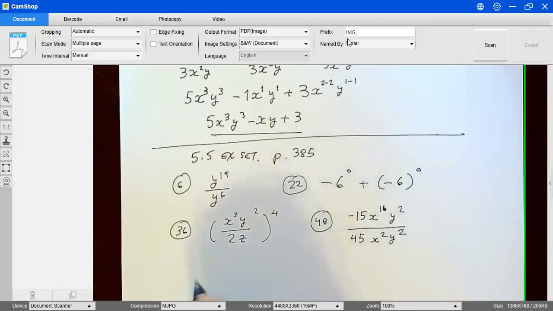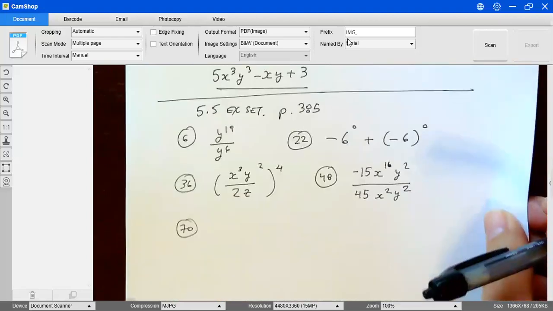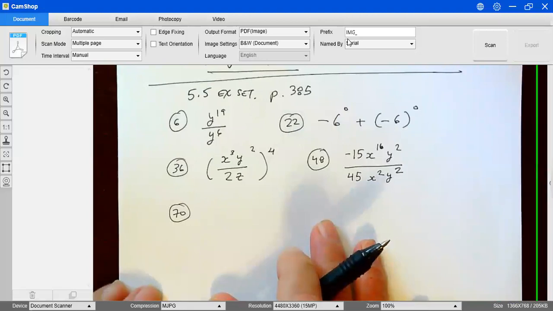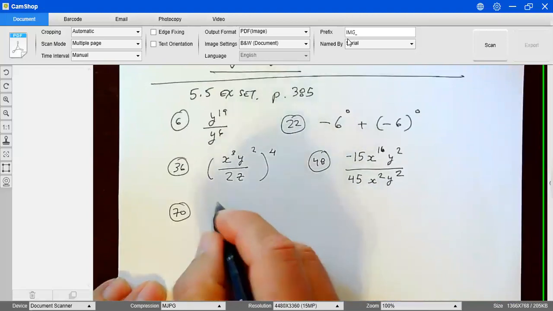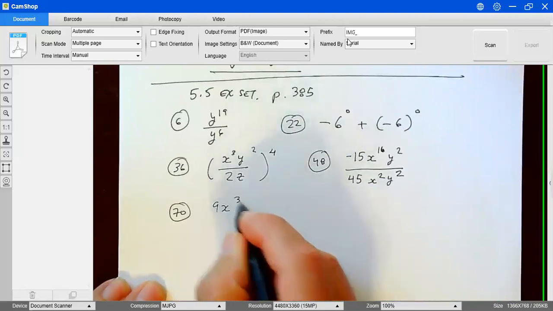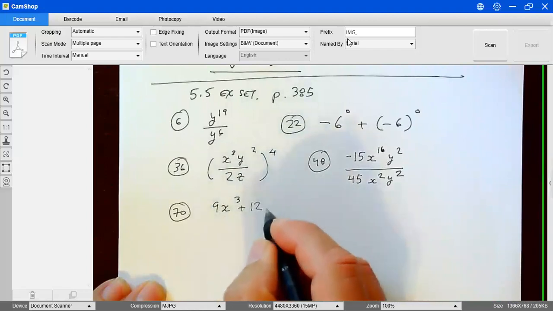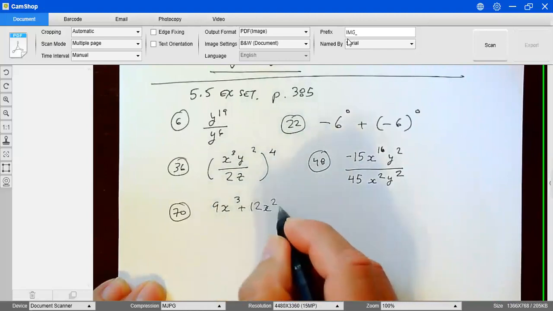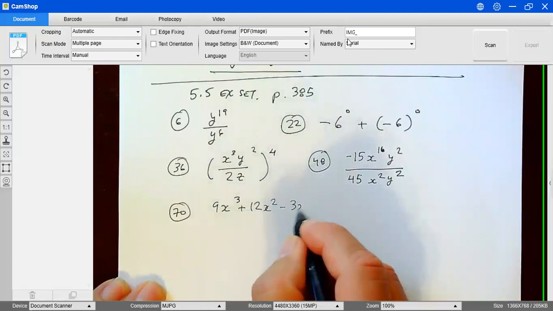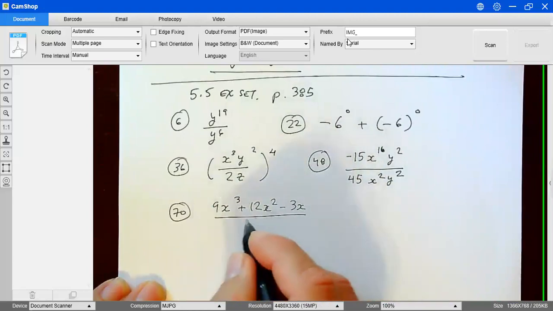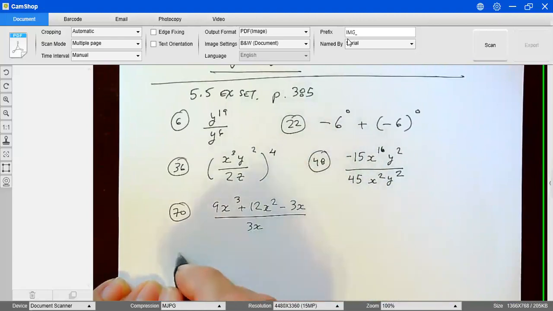And then we have problem 70. Problem 70 is 9x cubed plus 12x squared minus 3x over 3x.